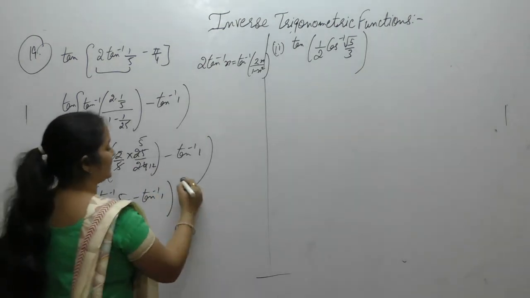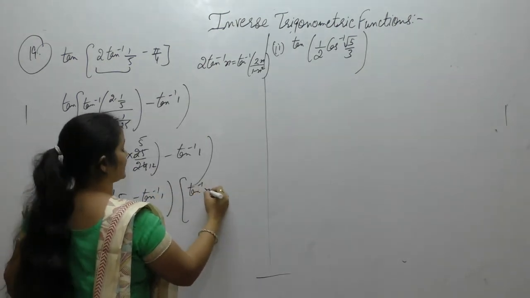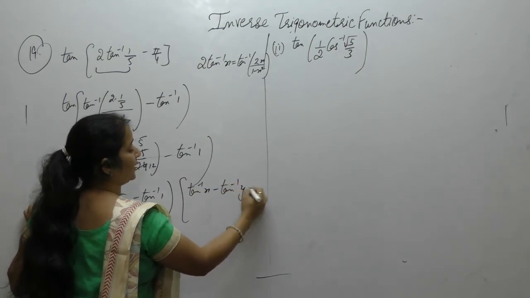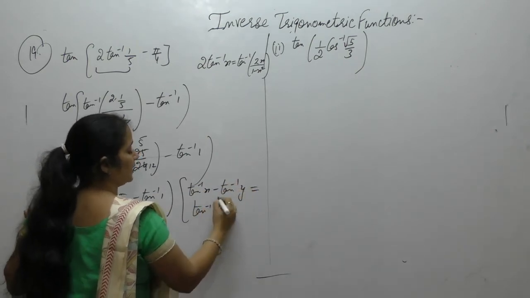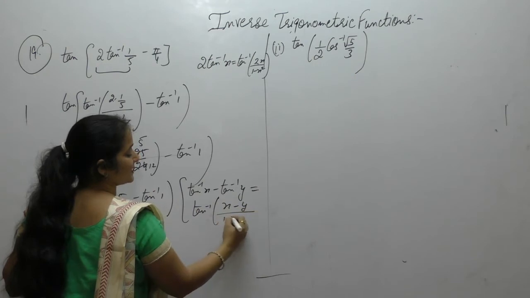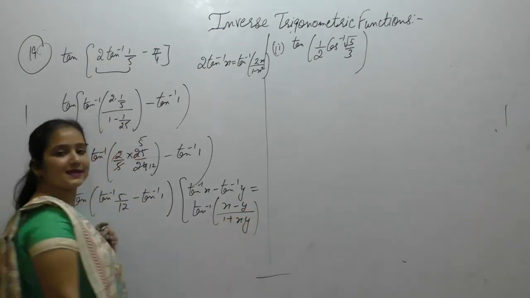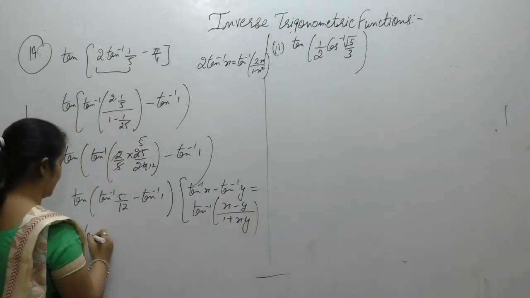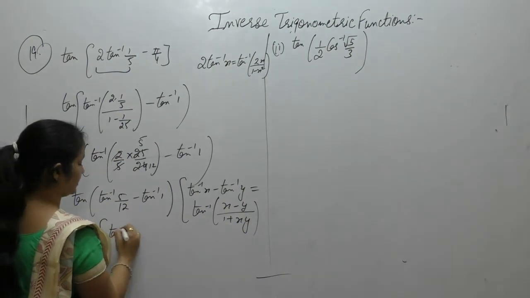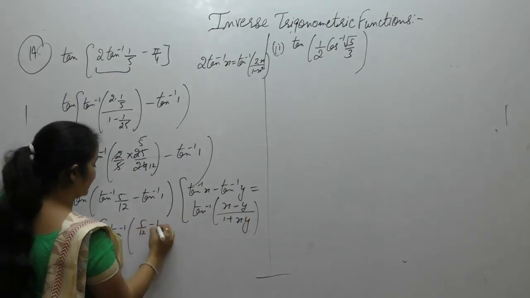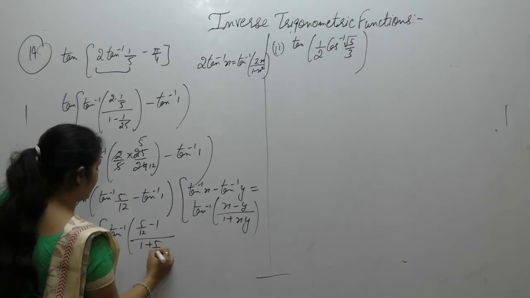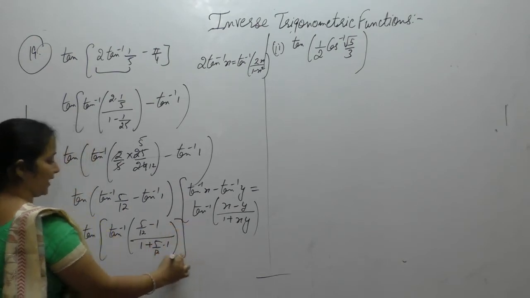Now apply the formula tan⁻¹x − tan⁻¹y, that is equal to tan⁻¹((x − y)/(1 + xy)). Use the formula here.